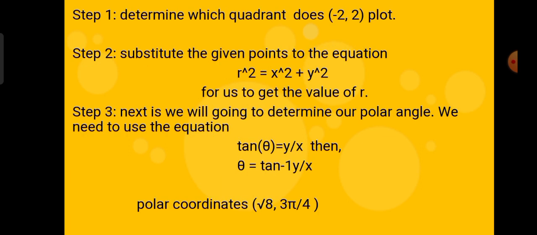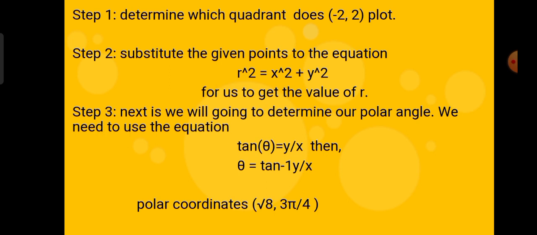So in step 1, determine which quadrant the point negative 2 and 2 plots in. In step 2, substitute the given point to the equation r squared is equal to x squared plus y squared for us to get the value of r. Step 3, next is we are going to determine our polar angle.